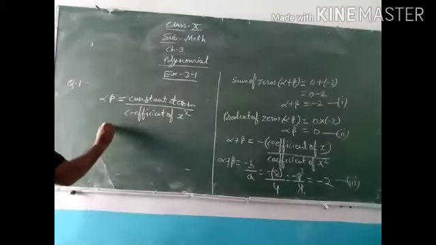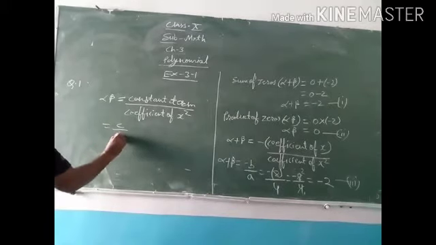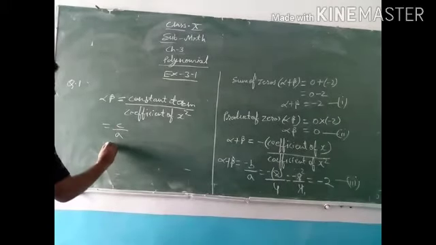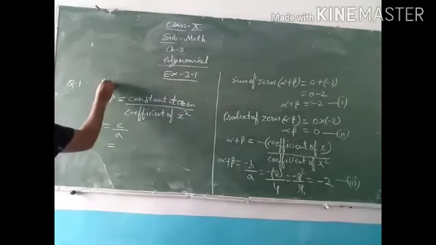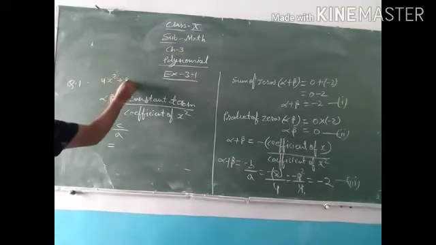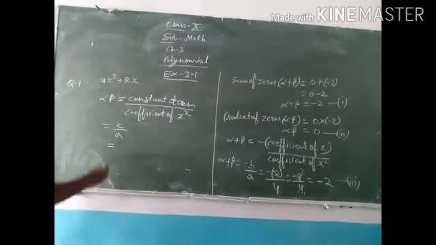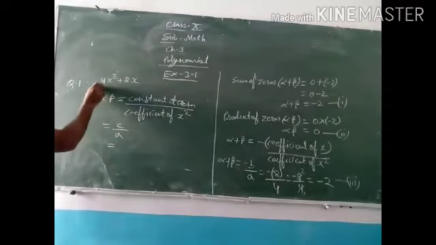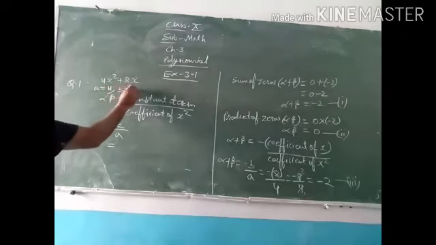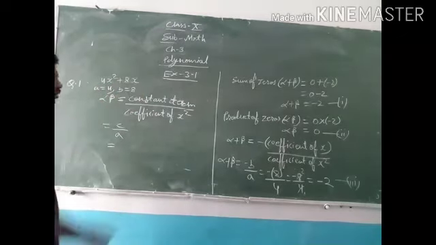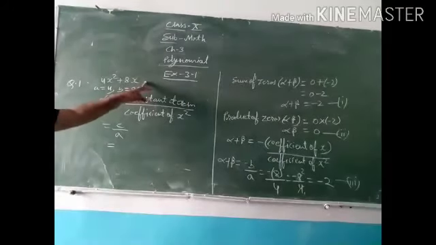Okay, so that means constant term c upon coefficient of x square, means a. So what is c in 4x square plus 8x? So what is the value of c? Look here. Here a means 4, coefficient of x square, b means 8, coefficient of x, and constant term is not there.